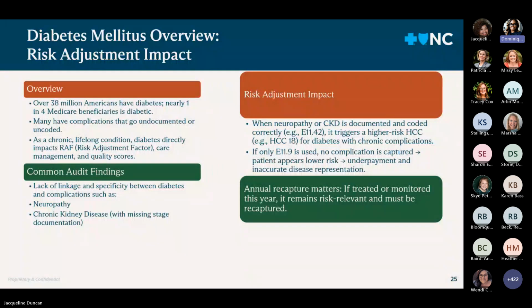Diabetes affects over 38 million Americans and nearly 1 in 4 Medicare beneficiaries. It's a lifelong condition that directly impacts risk adjustment factor scores and care planning. Many complications like neuropathy, chronic kidney disease go undocumented, which lowers risk capture.